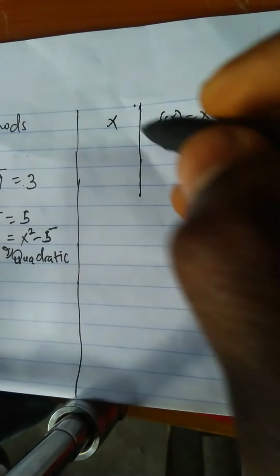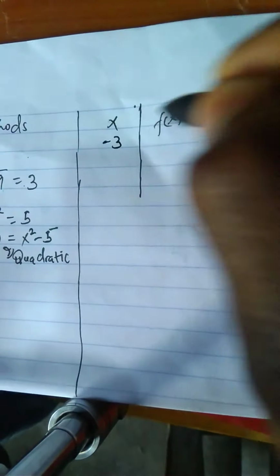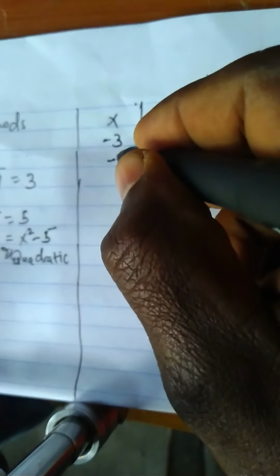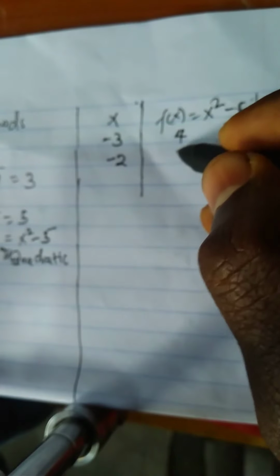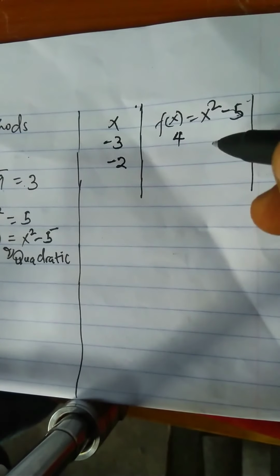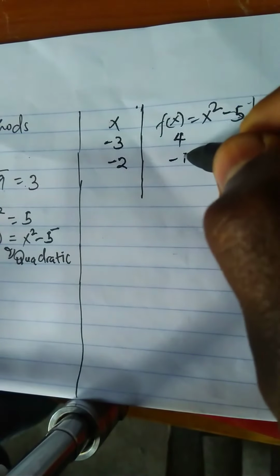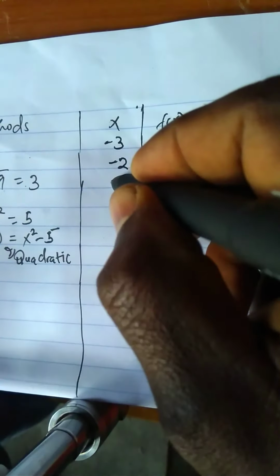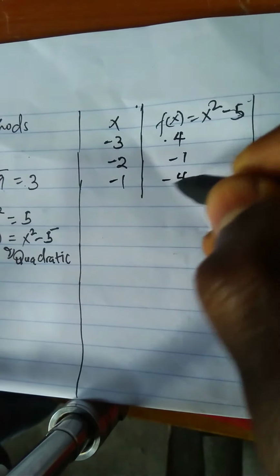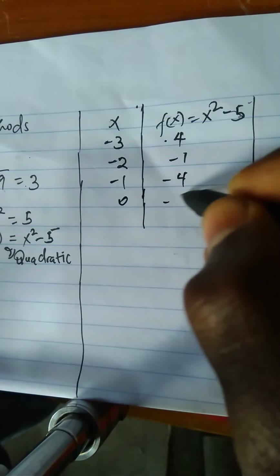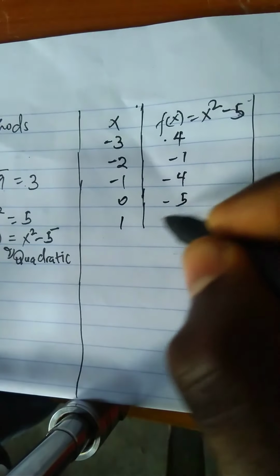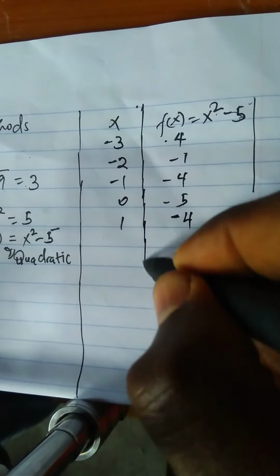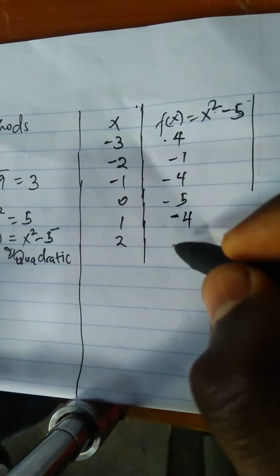In this case, if we take an interval, minus 3 squared is 9 minus 5 is 4, while minus 2 squared gives us minus 1. Minus 1 squared gives us minus 4. 0 gives us minus 5. 1 gives us 1 squared minus 5, which is again minus 4. And lastly, 2 squared minus 5 equals minus 1.